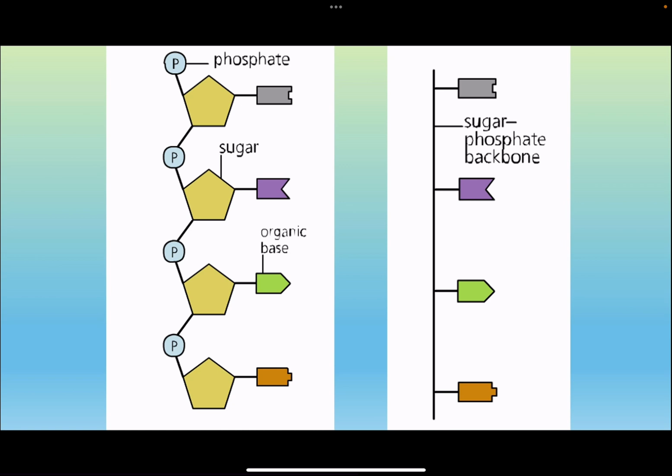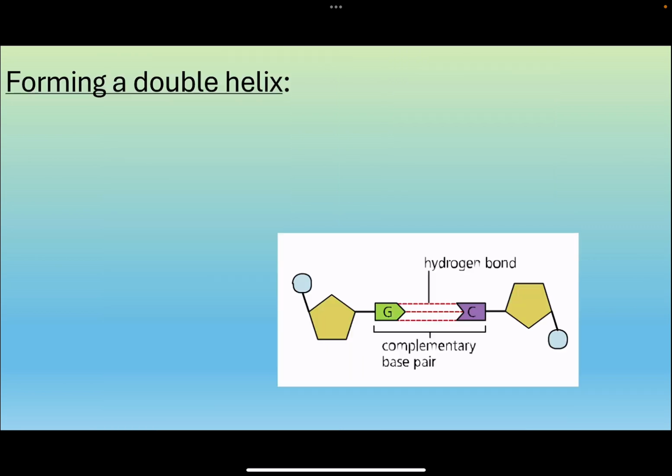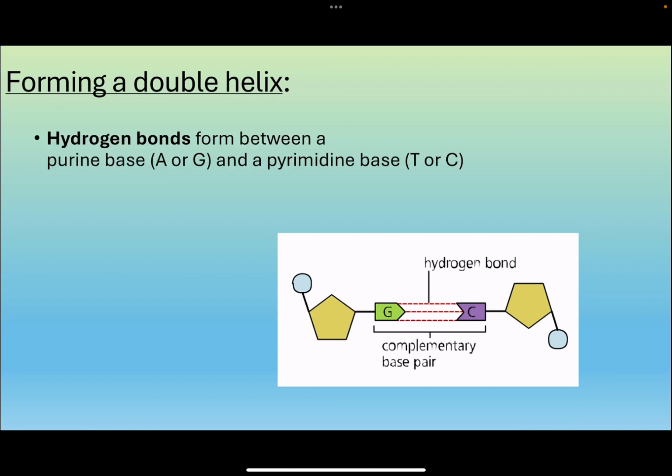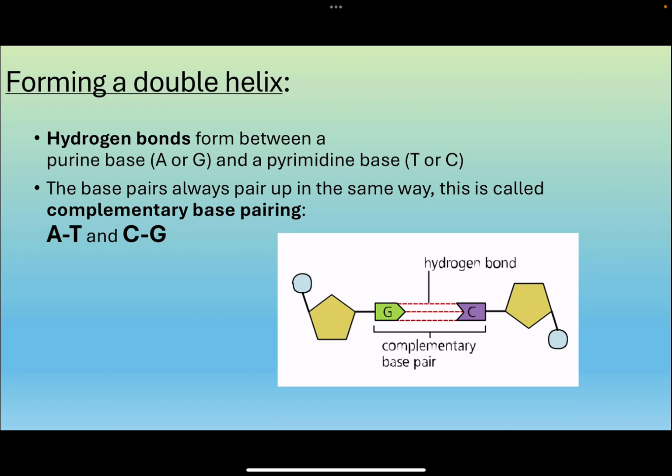And now we're happy with that, we're going to have a look at what happens in terms of forming the double helix. So to form a double helix, this is where you get complementary base pairing. So hydrogen bonds form between a purine base, so either A or G, and a pyrimidine base, either T or C. They always pair up in the same way, and this is called complementary base pairing.